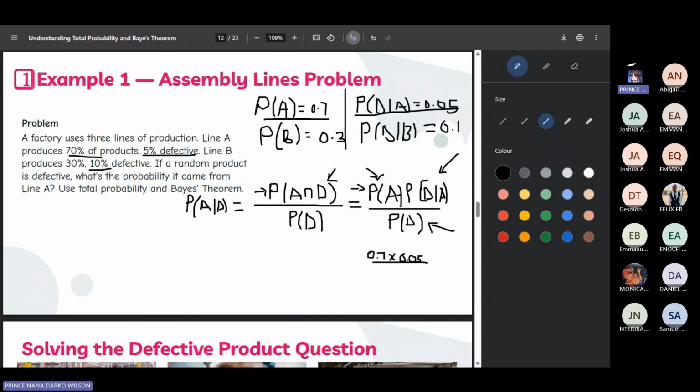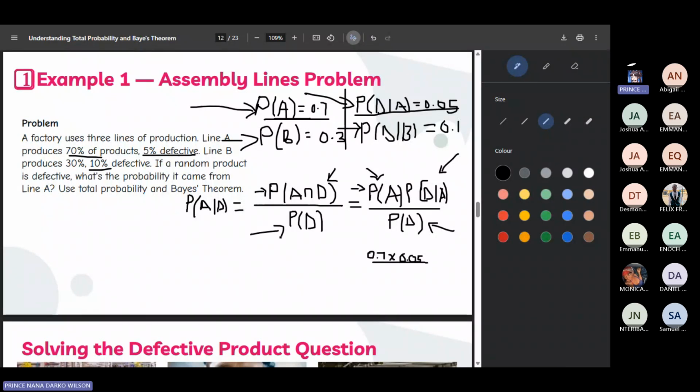According to what we learned yesterday, in order to do that, we just have to multiply the probability of picking box A or product line A, and multiplying that by the defective coming from line A, and adding that to the probability of picking line B and multiplying that by the probability of picking a defective product coming from line B. And that gives us the total probability of the defective products occurring at all.